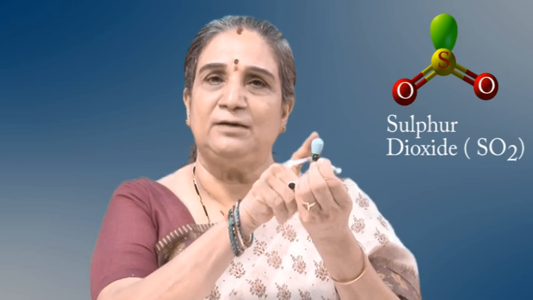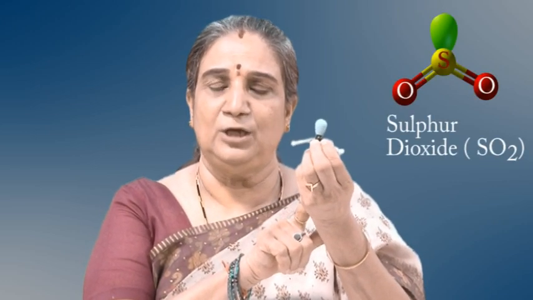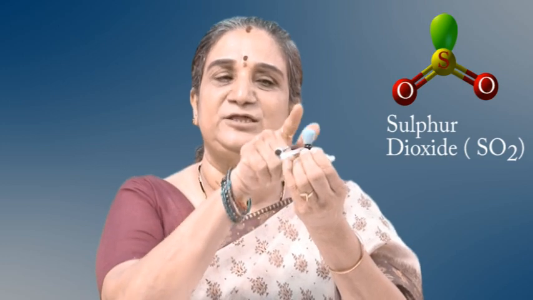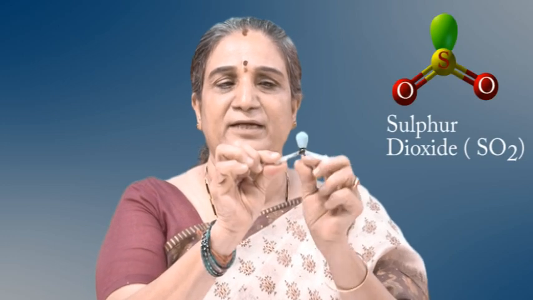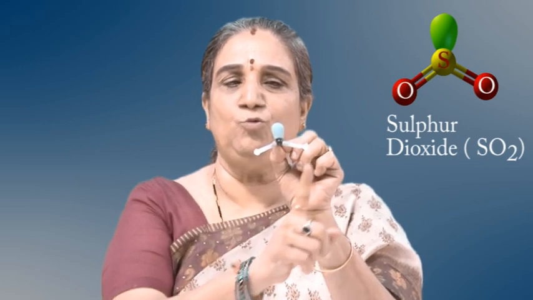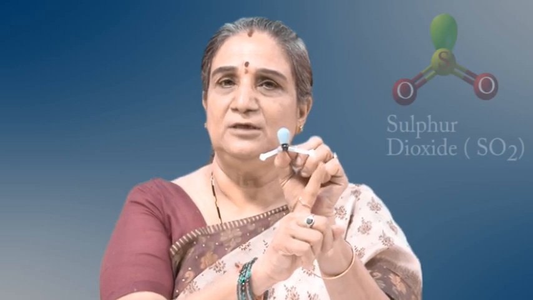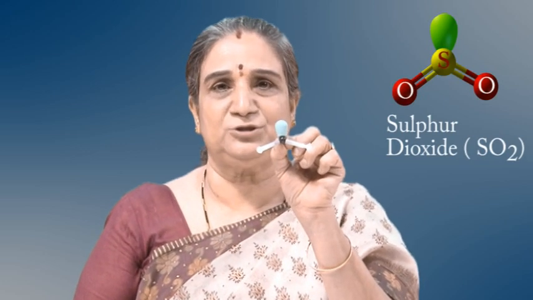I have shown this dumbbell because the electron cloud is in the form of this. The lone pair of electrons have more region of repulsive area around them. Now if you take the central black atom as sulfur and these 2 white ones as oxygen, the sulfur dioxide molecule formed shows a bent structure.